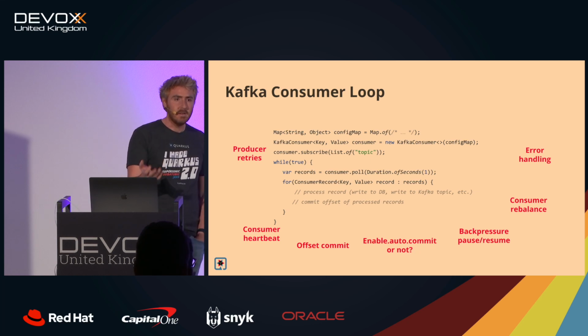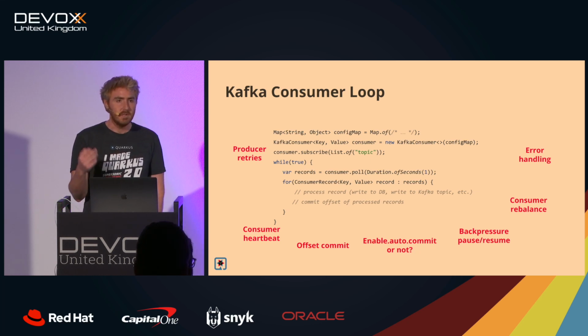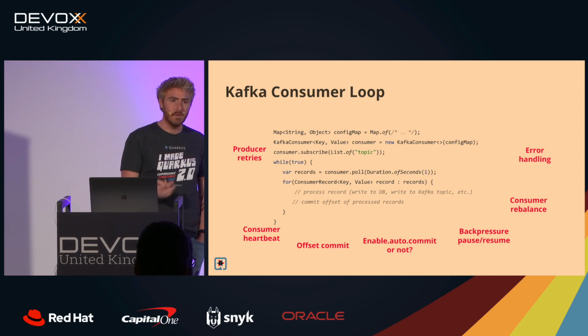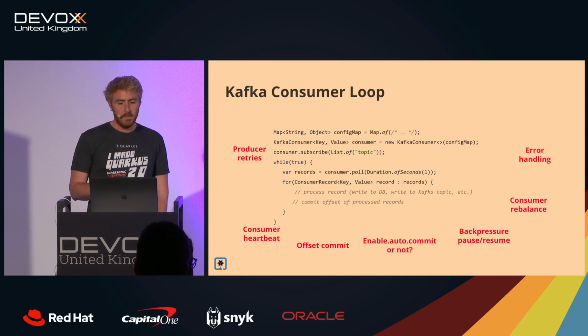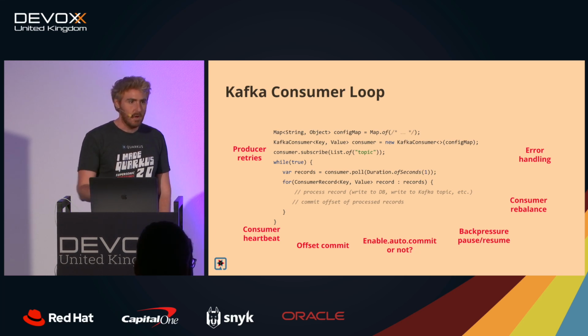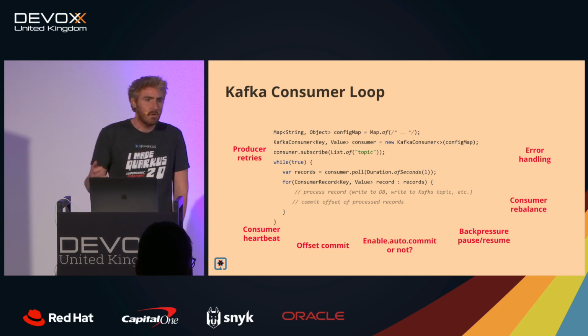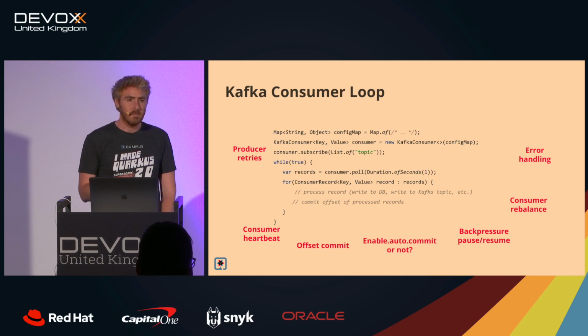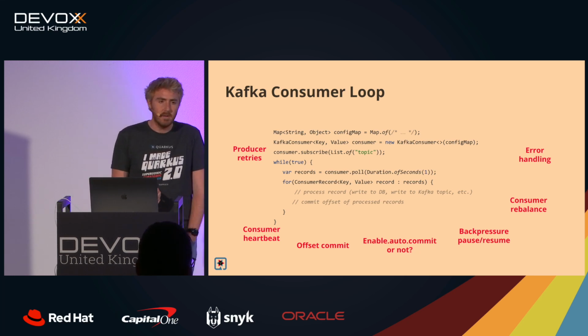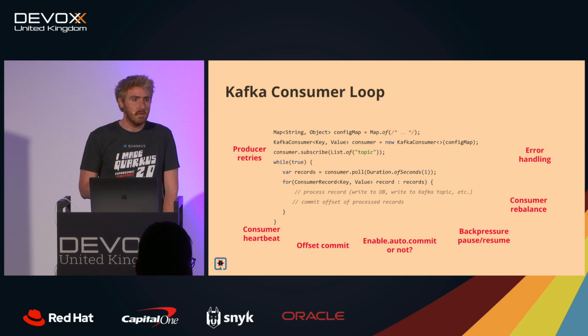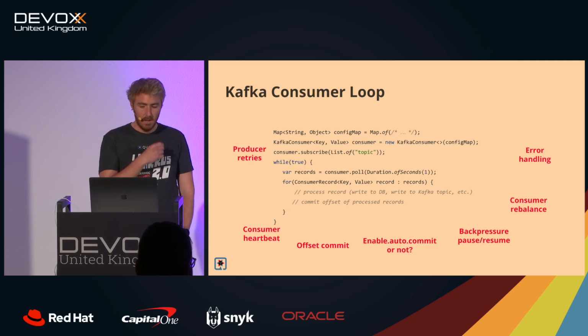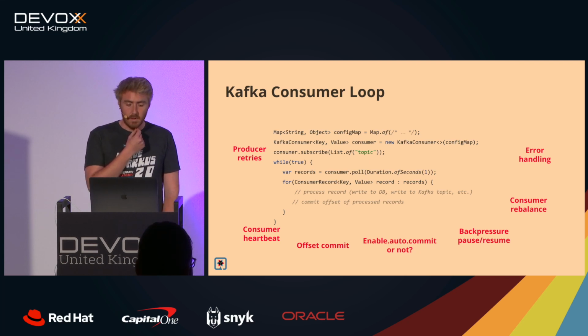So you need to handle the consumer heartbeat, which means keep calling the polling method, don't block on it. But if you are writing to a database, your code is blocking, or asynchronous. Writing to a Kafka topic is asynchronous and blocking at the same time.